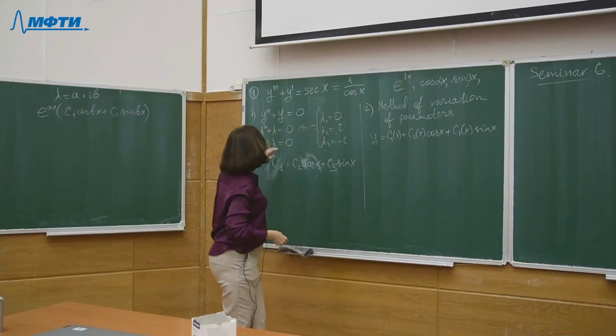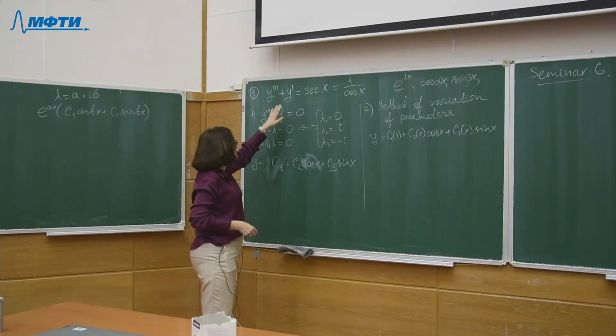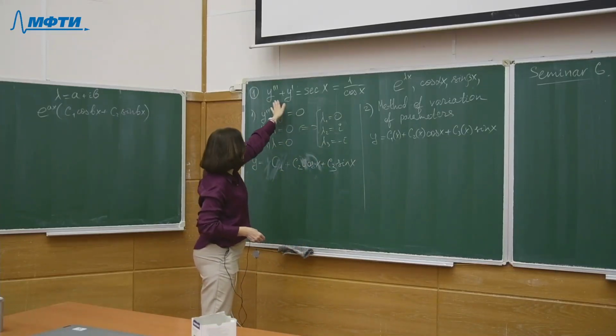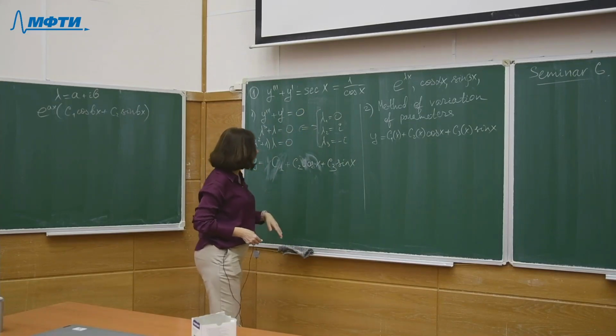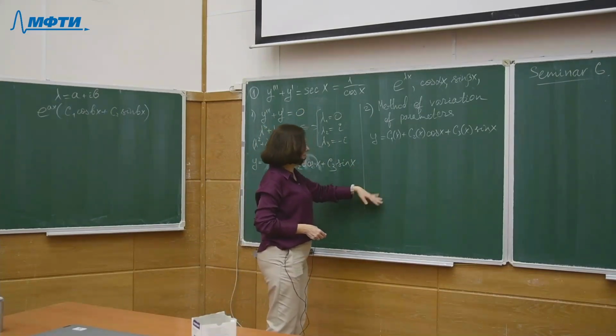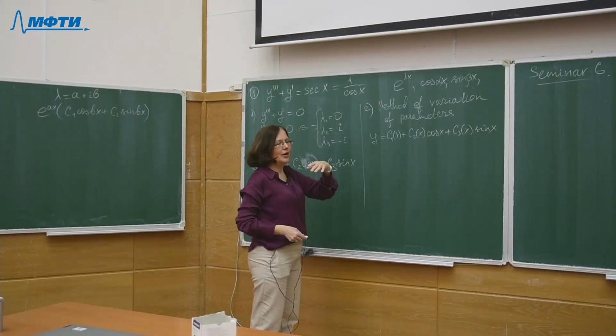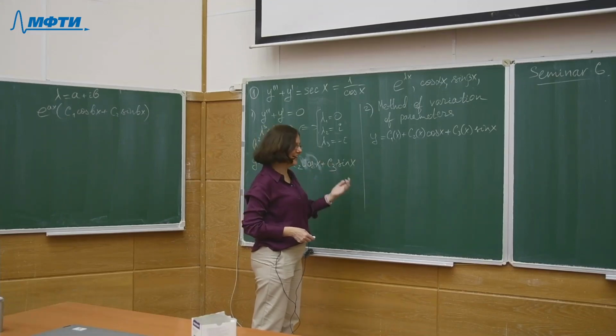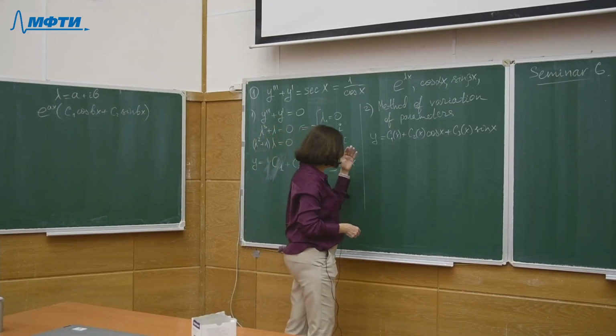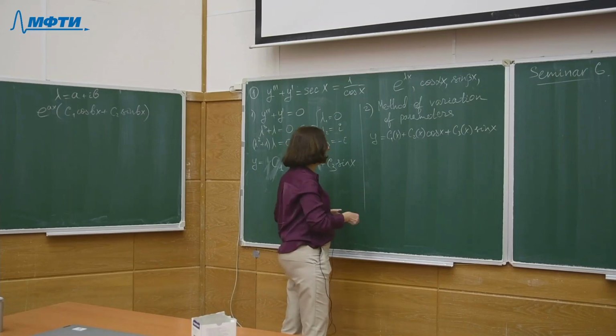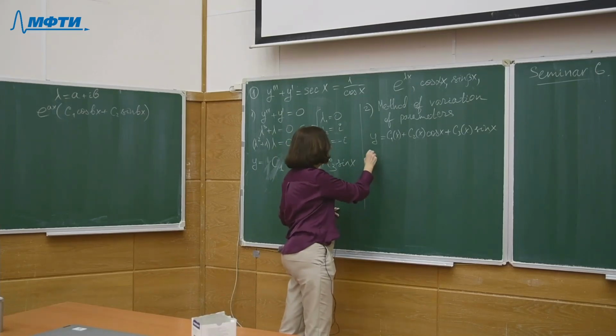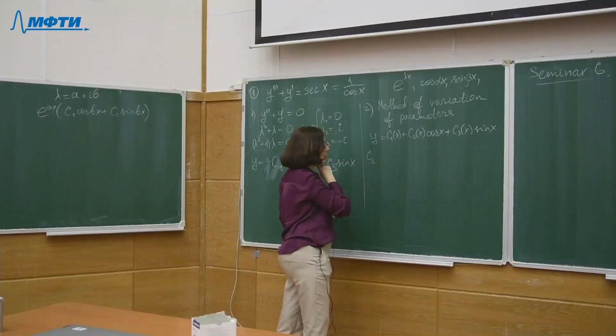We substitute this function into the equation. Some manipulations were discussed in spring, so now I will state the result. We need to solve the following system of differential equations.